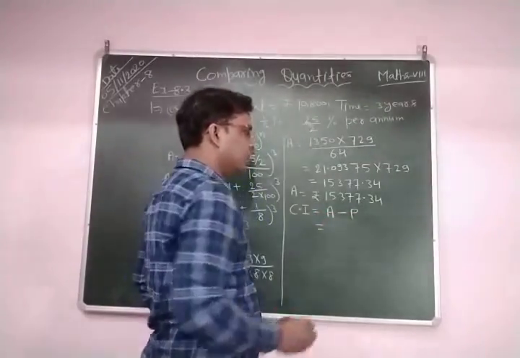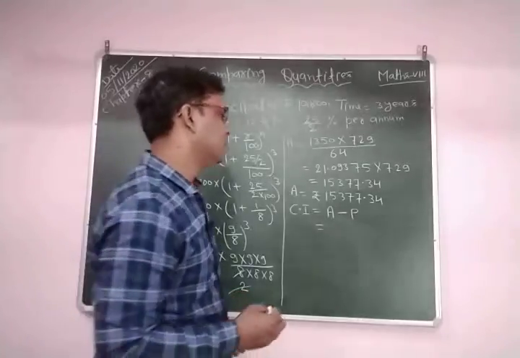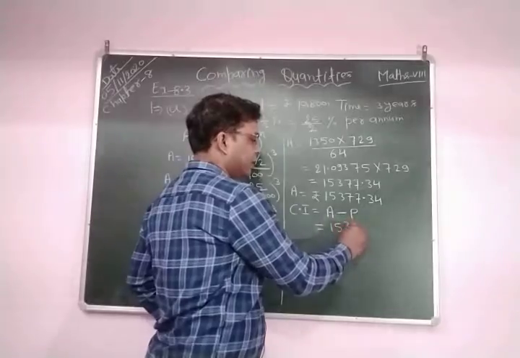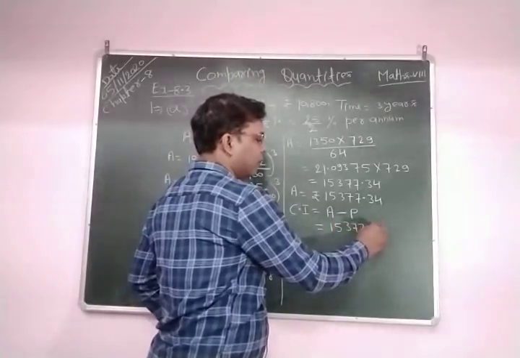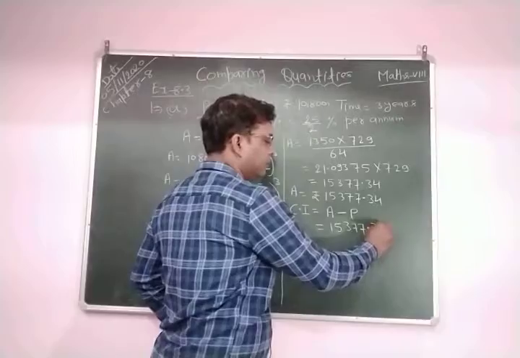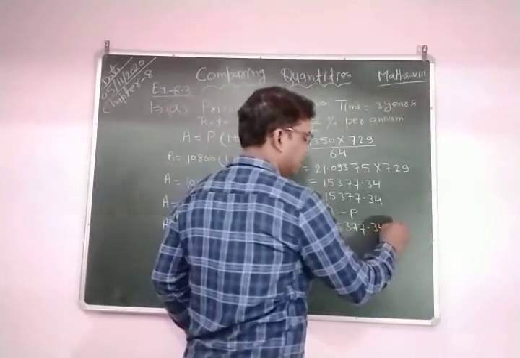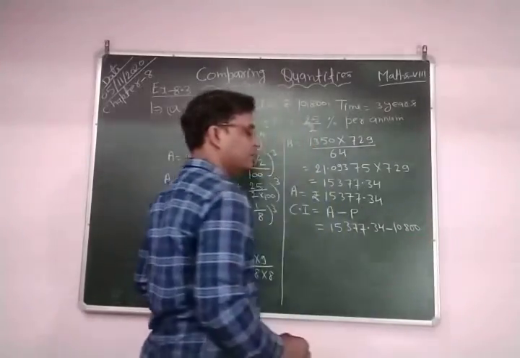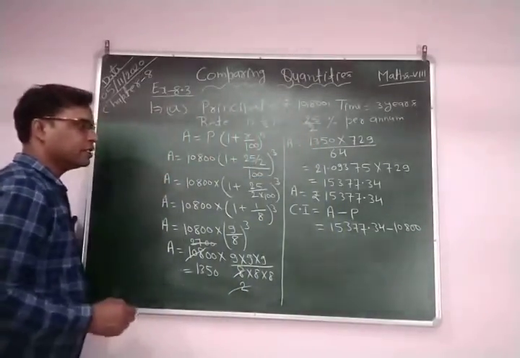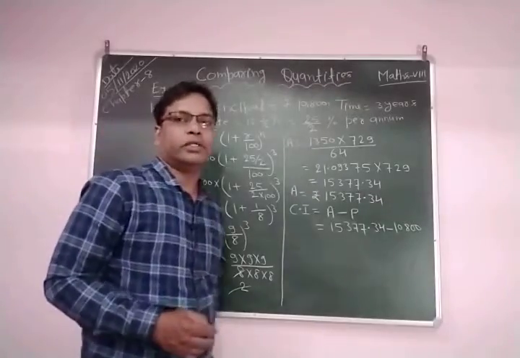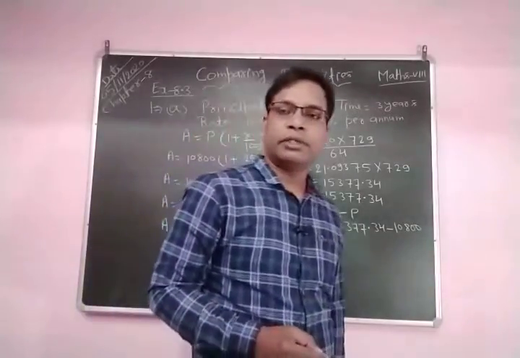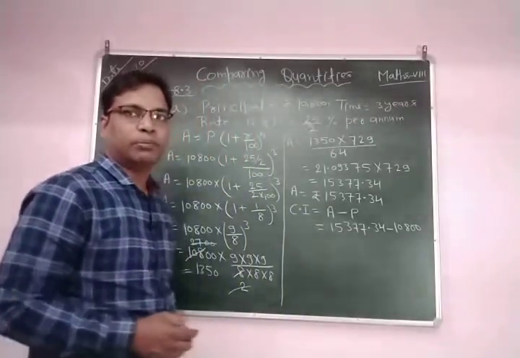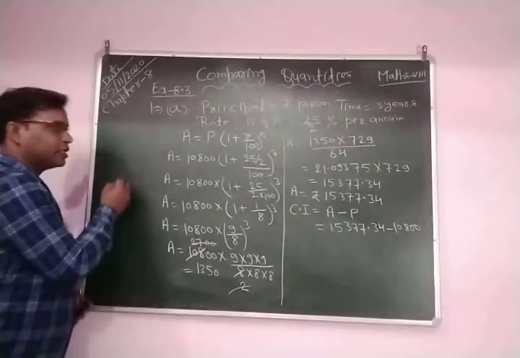So we find here the amount, 15,377.34. Subtract 10,800 rupees from 15,377.34, then you get the compound interest.